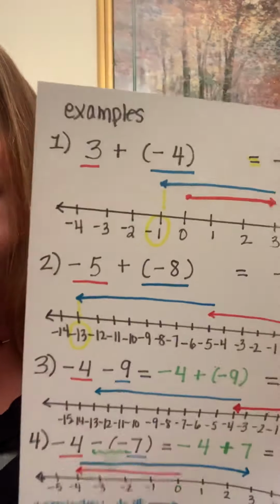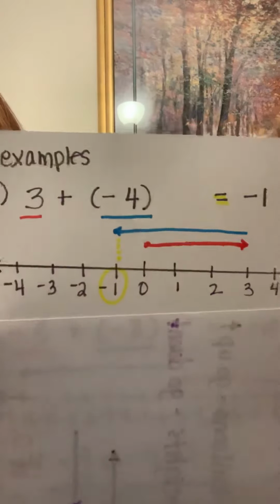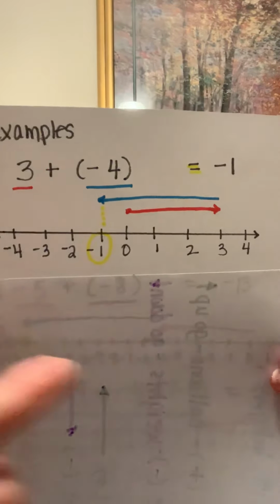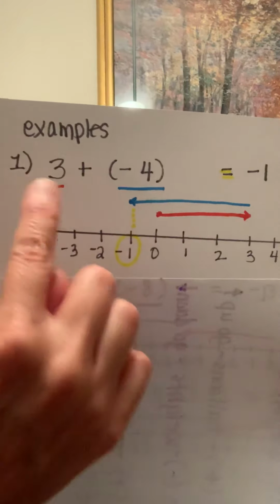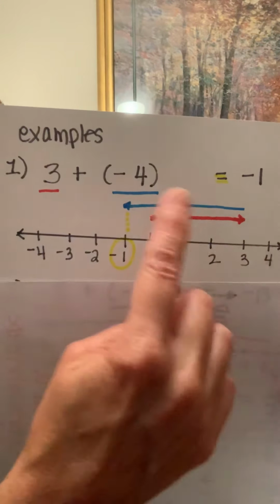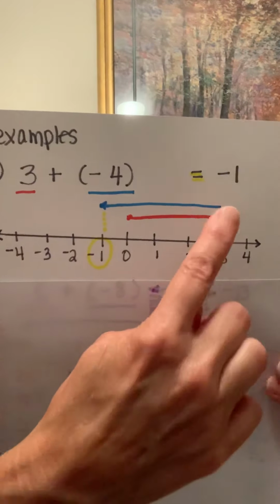So now I have to go negative 4. 1, 2, 3, 4. Positive 3, shoop. Negative 4, shoop. What's my answer? Negative 1.